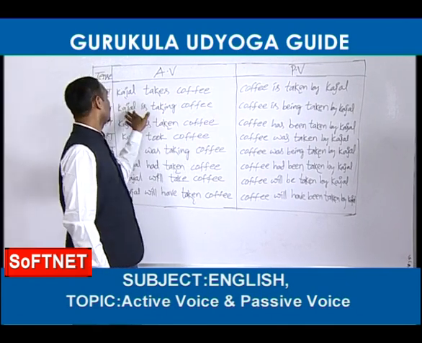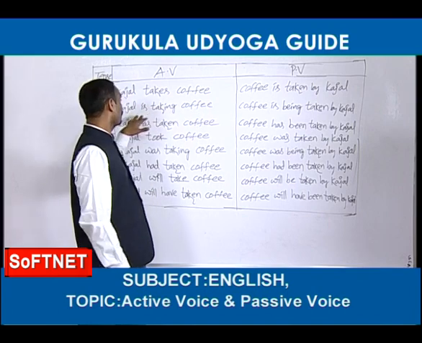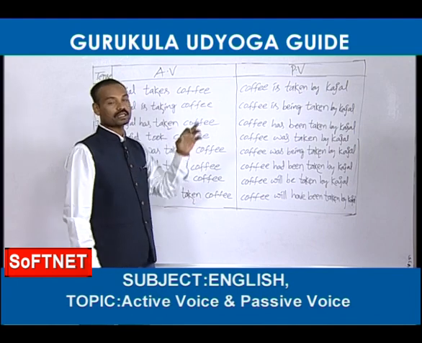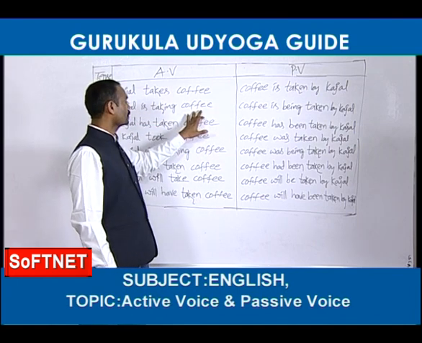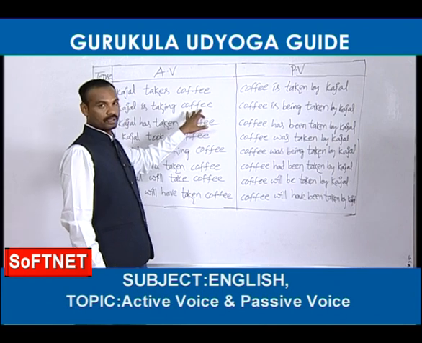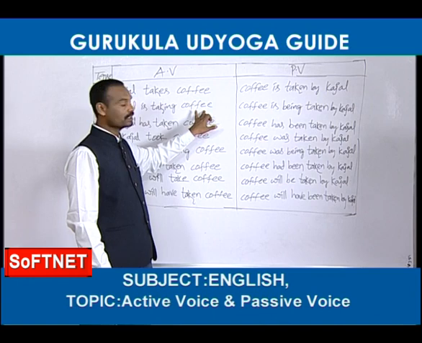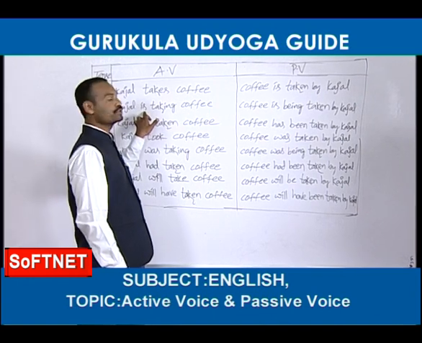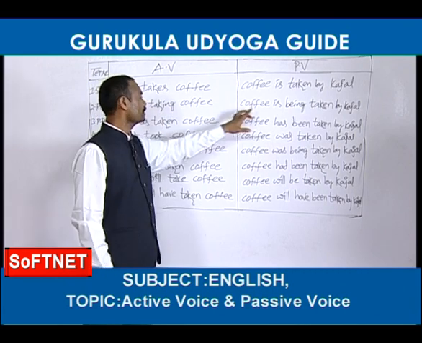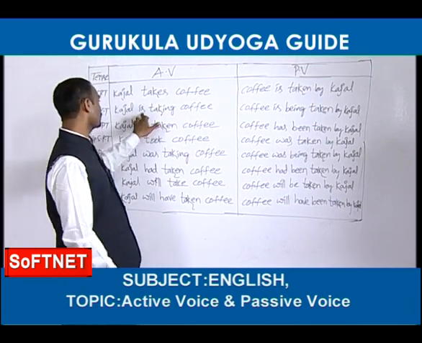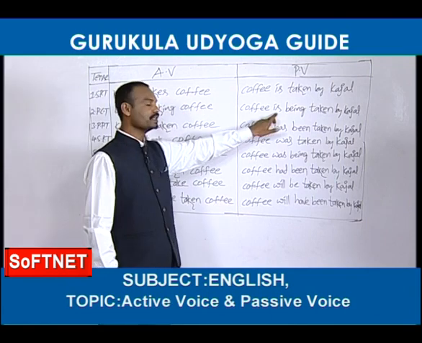For example, Kajal is eating fruits. Fruits plural. So is we should not take. So the helping verb should be changed according to the object which has been given in this active voice. For singular objects only we should take is. If they give plural object, it should be changed into are. Okay. So here singular helping verb is there, singular object is there. That's fine. So coffee is.